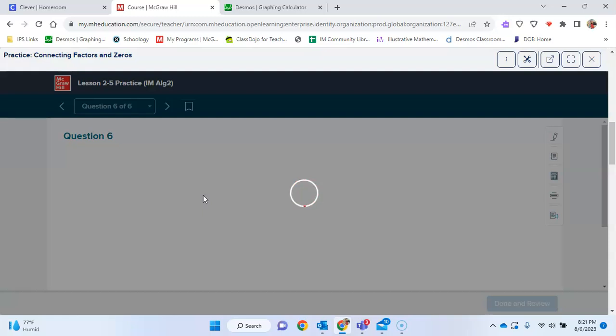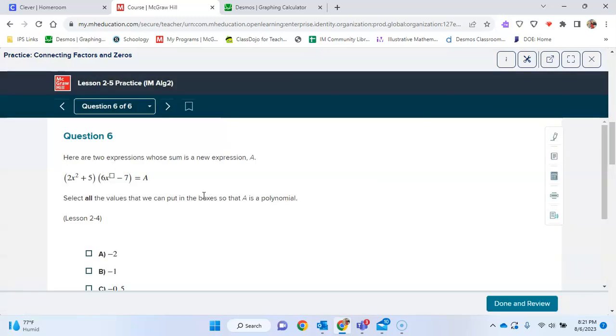Question 6. Here are two expressions whose sum is a new expression a. 2x squared plus 5 times 6x to some power minus 7 equals a.